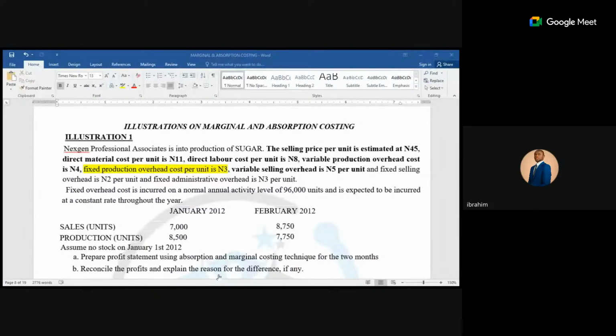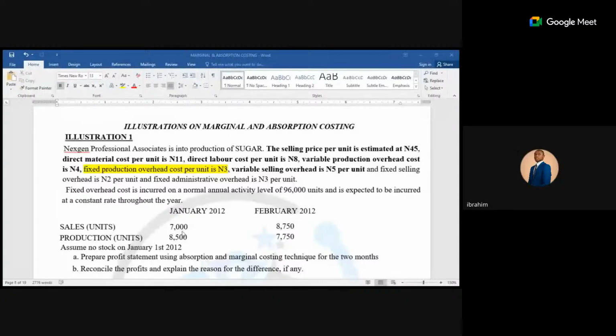Is there any actual fixed overhead cost? Response, please. Yes. Where did you see actual fixed overhead?